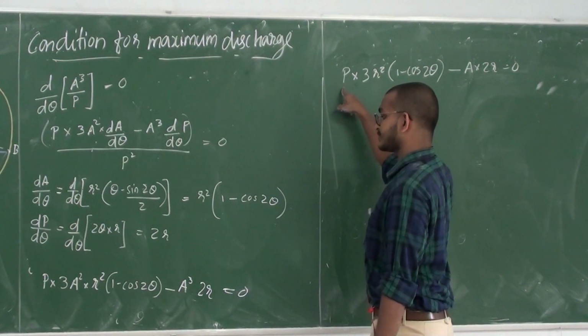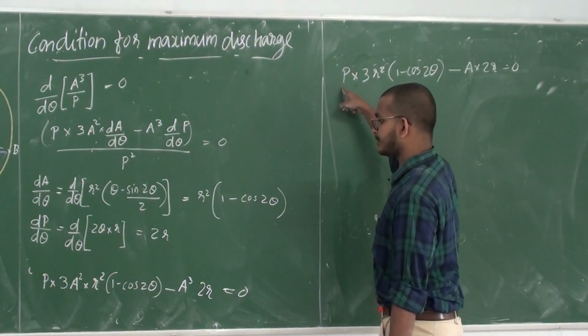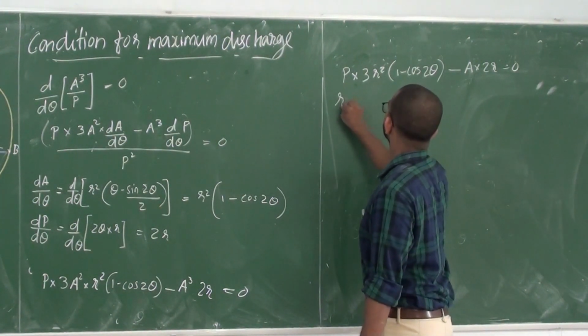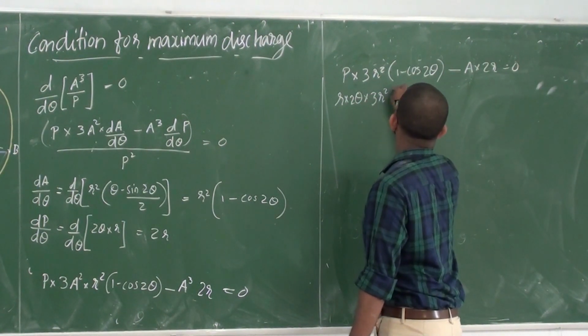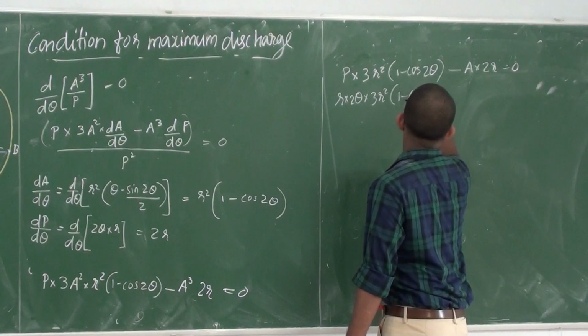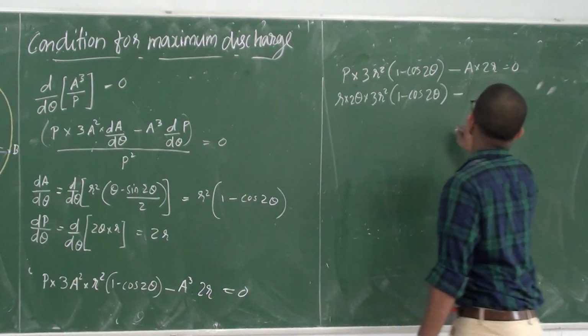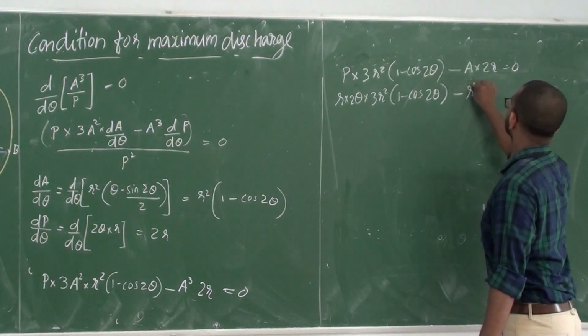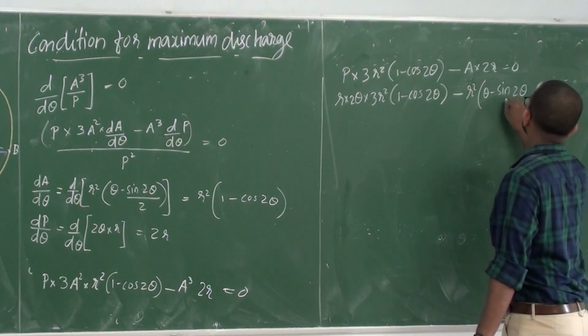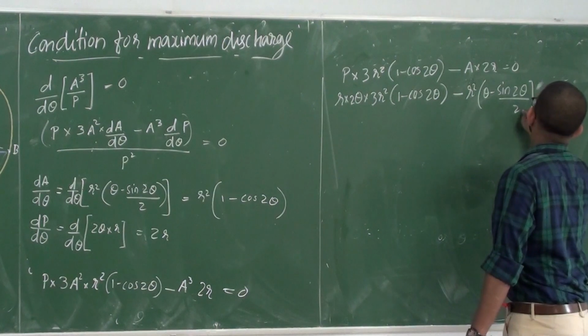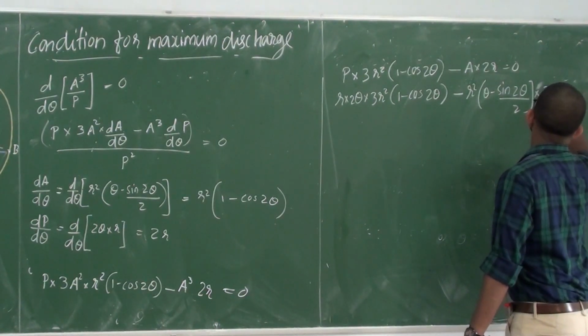So what is P? Substitute the perimeter. P is equal to r into 2 theta. So r into 2 theta into 3r square into 1 minus cos 2 theta minus a, which is r square into theta minus sin 2 theta by 2, into 2r equal to 0.